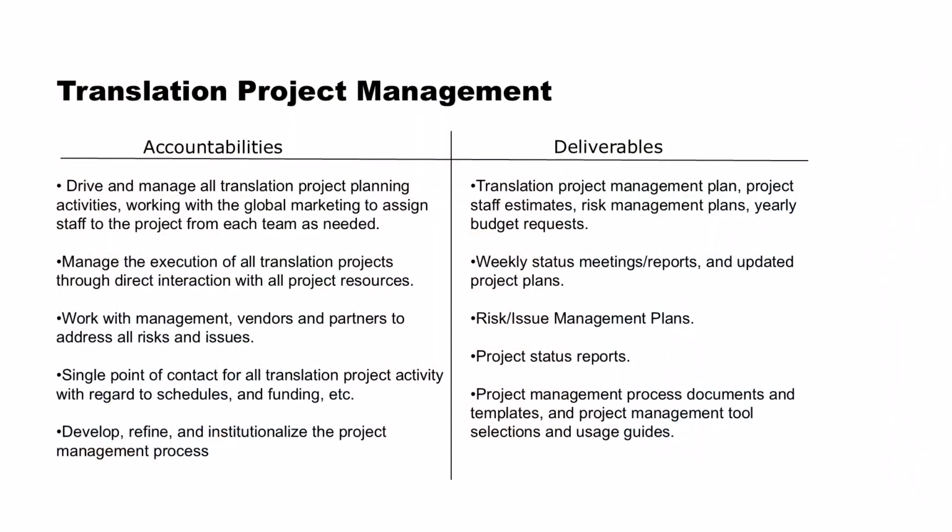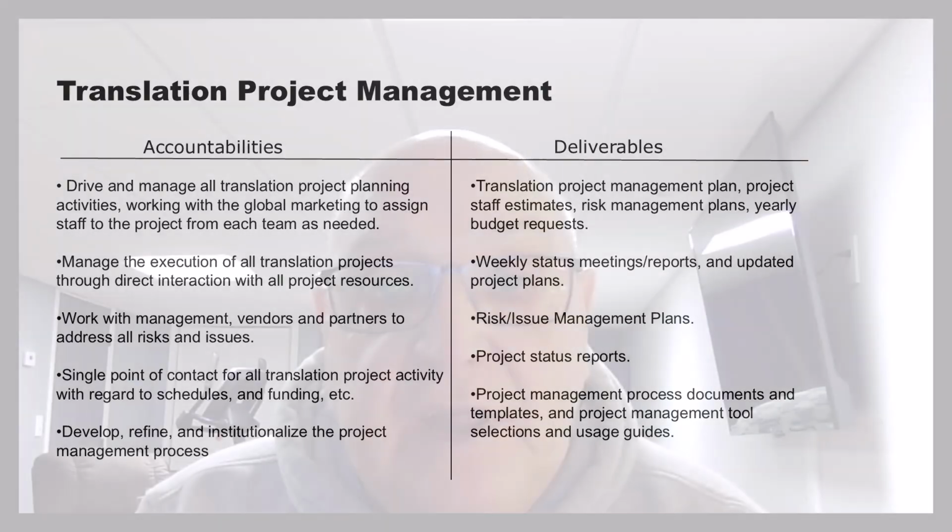Their accountabilities are to drive and manage all translation project planning activities, working with the global marketing team to assign staff to the project from each team as needed. If you're working with a global team, that could be a service team or a marketing team. It just happens that the examples I have, from my experience, are from working closely with the global marketing team, because their translations are just as much needed as our translations.